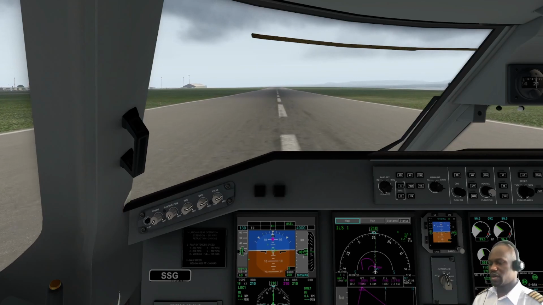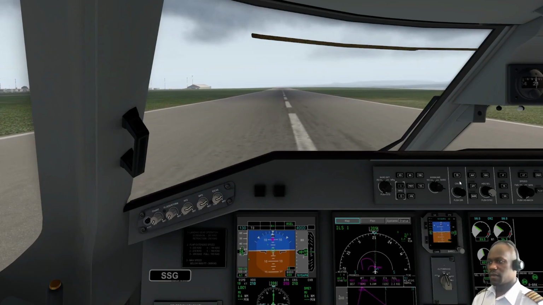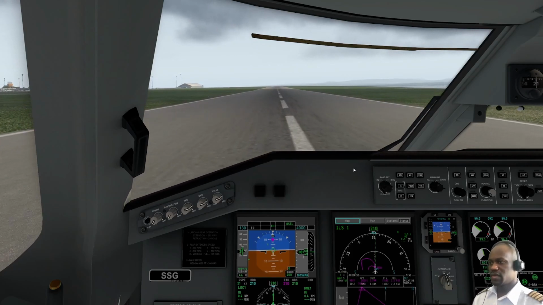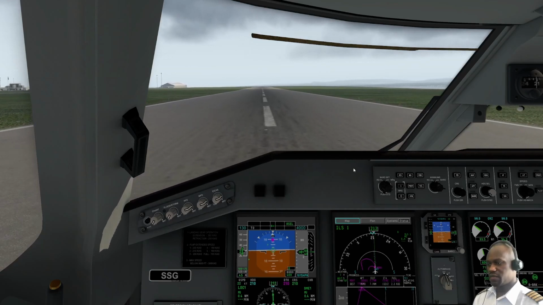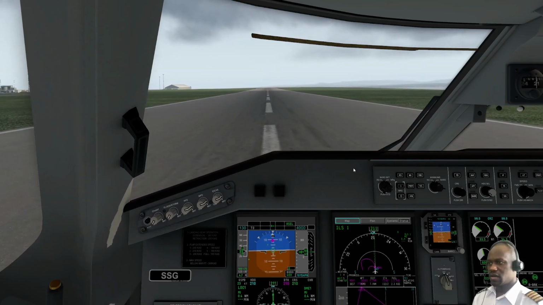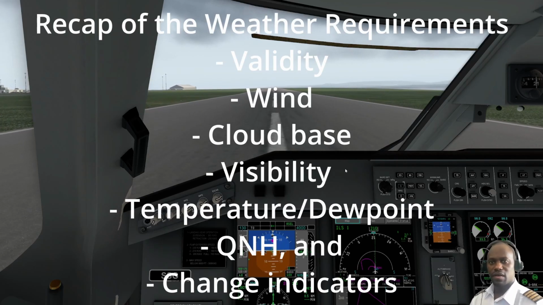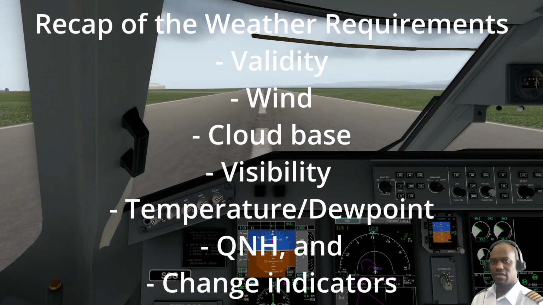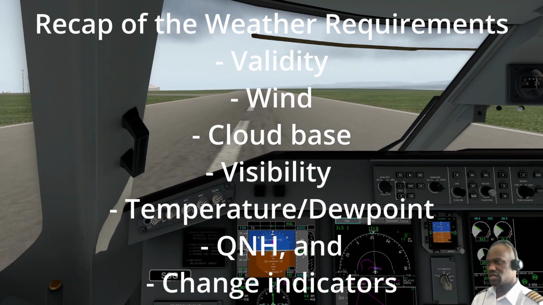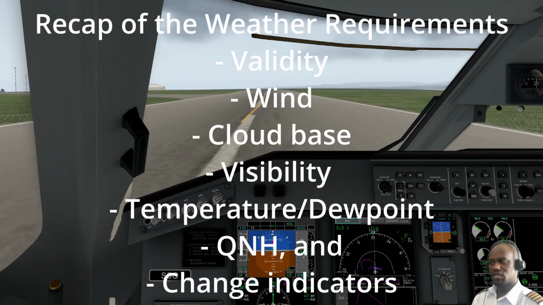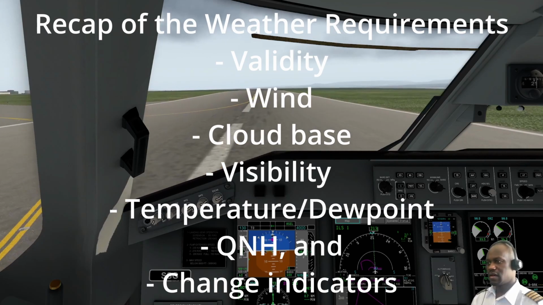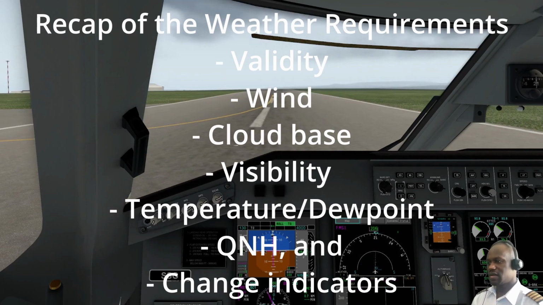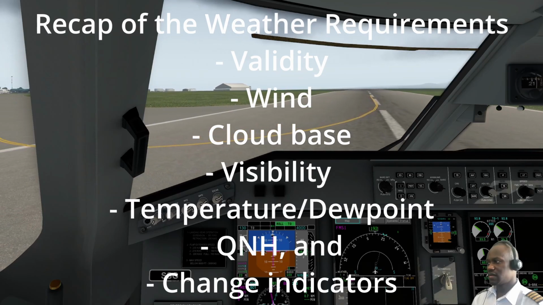Right, that was a quick stop, and we can now have a recap of what we did today as we taxi into Mombasa International Airport. We checked weather validity, the cloud base, the visibility, the temperature on ground, the QNH, and other change indicators like becoming and tempo.